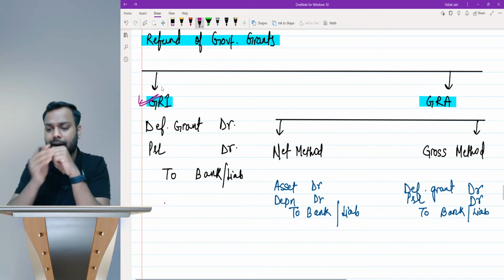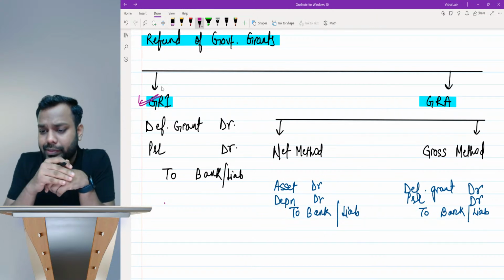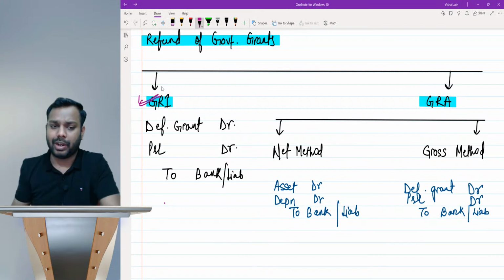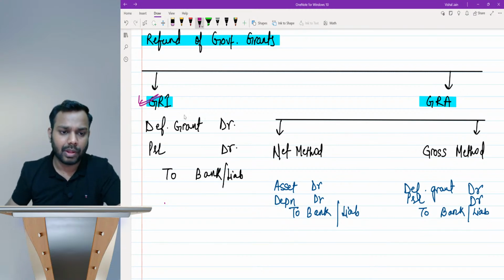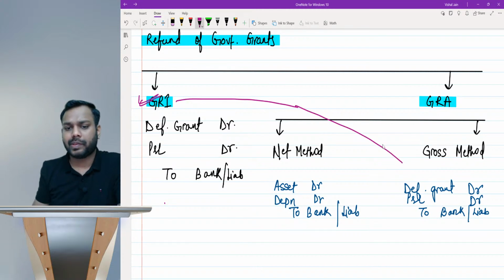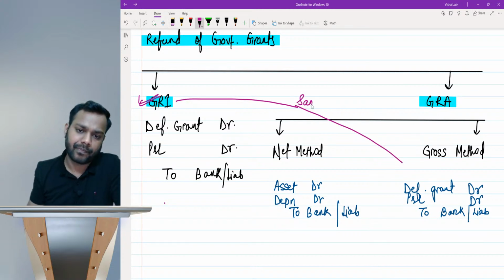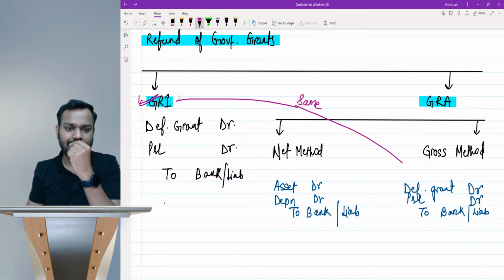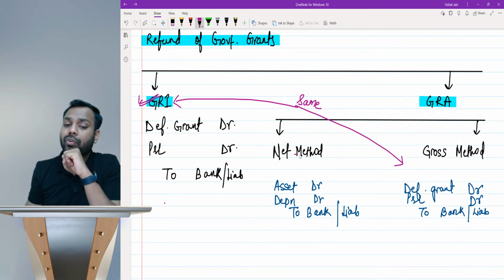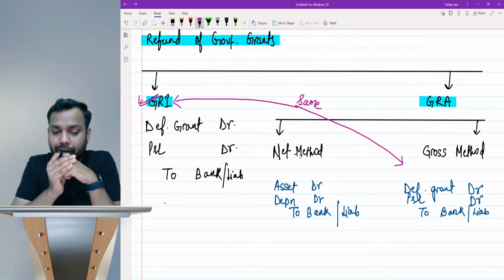Now coming to grant related to assets. Again, same thing for gross method. If you are following gross method, the same logic will apply. This one and this one are the same, right? We will not touch the assets any time. Now if we are following net method, then what will we do?